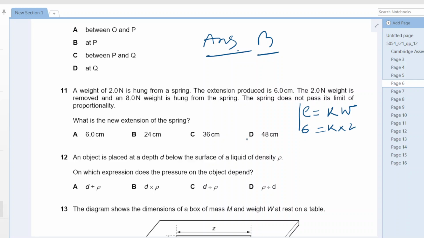Therefore, value of K is 3. Now, new extension E1 equals to K is 3 and weight is 8 Newton. Therefore, 24 centimeter new extension. And at 11, answer is 11B.